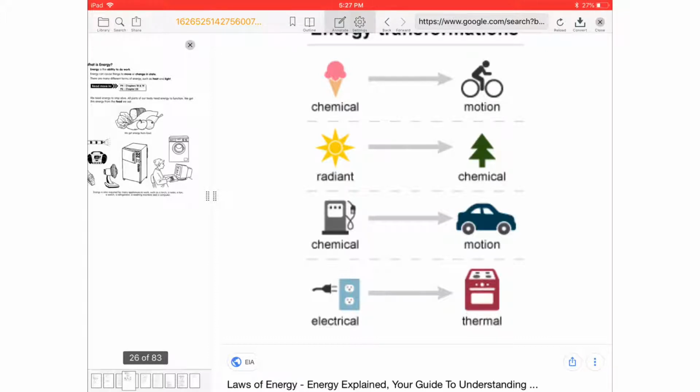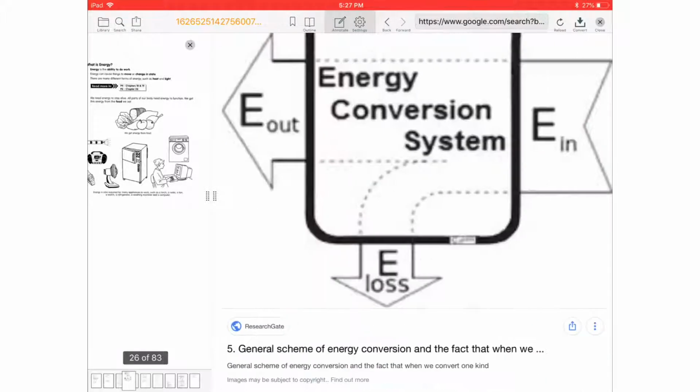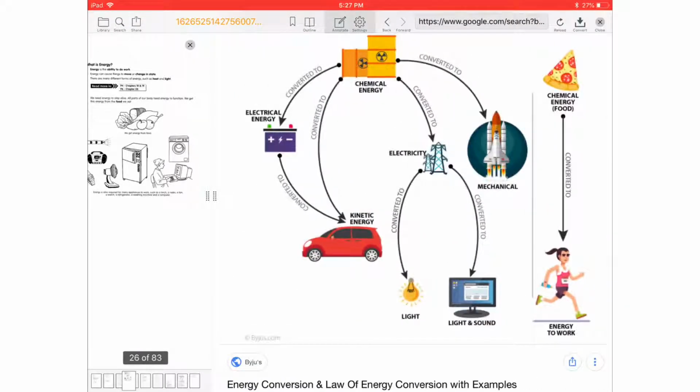Next one, petrol is chemical potential also. You burn petrol, and the car gets to move, so chemical potential to kinetic. Electrical to thermal, so electrical to heat. There are many types of energy conversion.